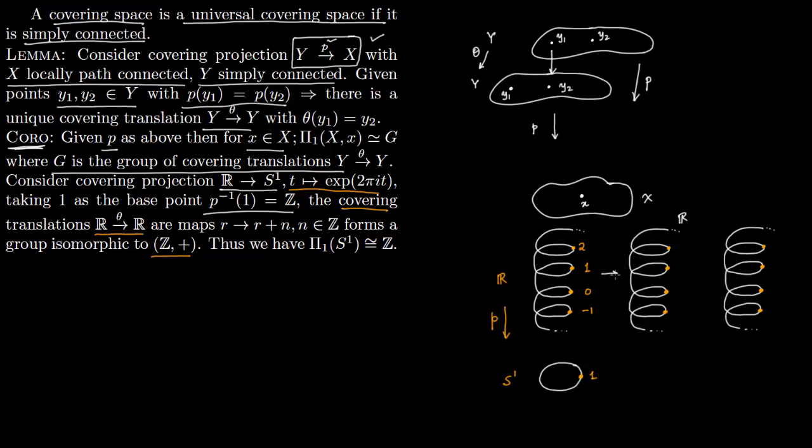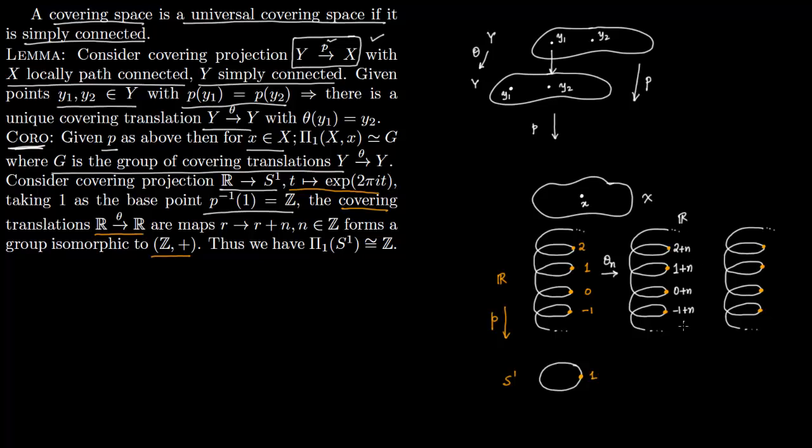What this covering translation is doing is adding an integer n to each of these. So 1 will get mapped to 1 plus n, 0 to 0 plus n, -1 to -1 plus n, and 2 to 2 plus n.